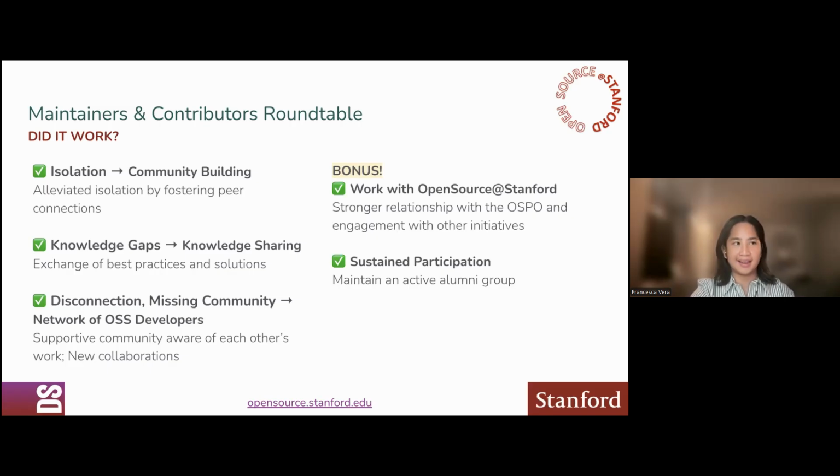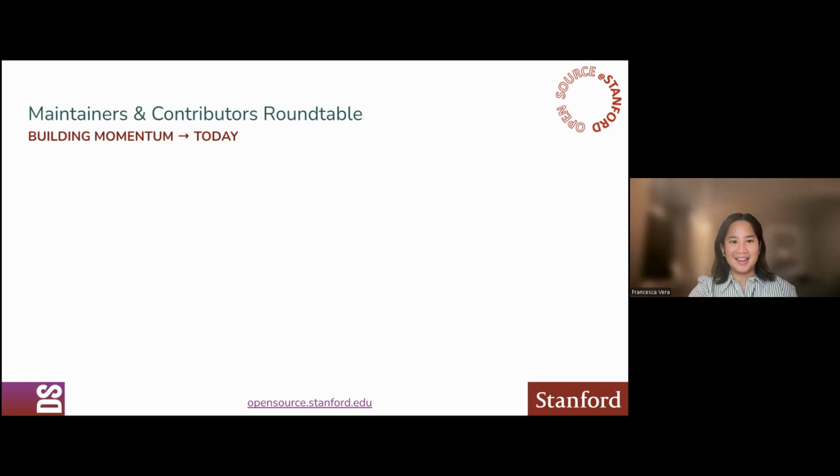So we maintain an active alumni group, people who have moved on from Stanford who were once in our MNCR, we are still in contact with and invite back to meetings. And consistent growth, organic referral is highly effective in growing our membership.